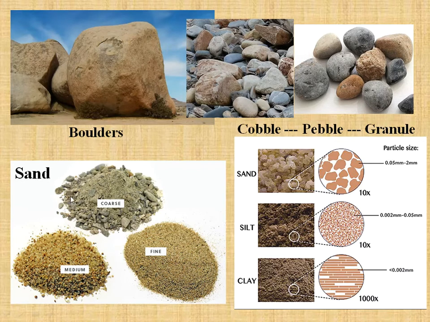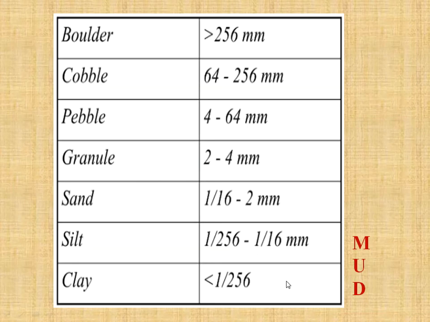And these are the different sizes of the sand. You have fine, medium to coarse sand. Then below this sand you have the silt and the clay sized particles. Now this is the table which gives the size of different sediments.